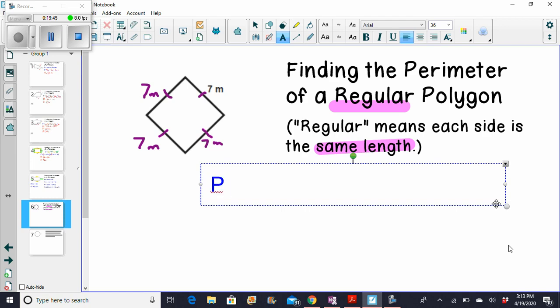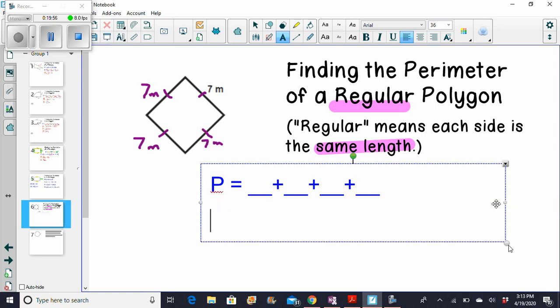Just like how we had done before, there's my second, there's my third, there's my fourth. But wait a minute. If they are all the same, which they are, this would be 7 plus 7 plus 7 plus 7, repeated addition. Well, why don't I just multiply it by 4?